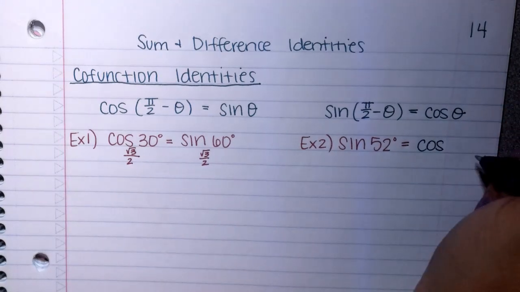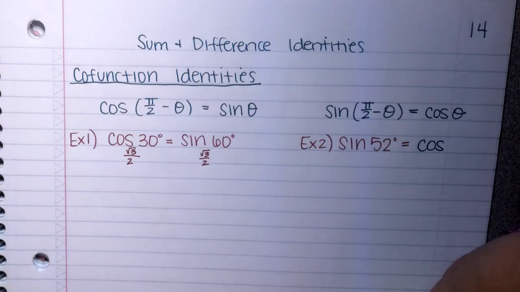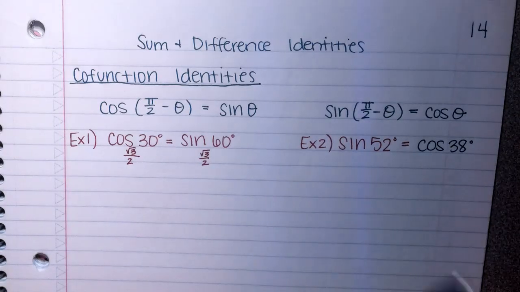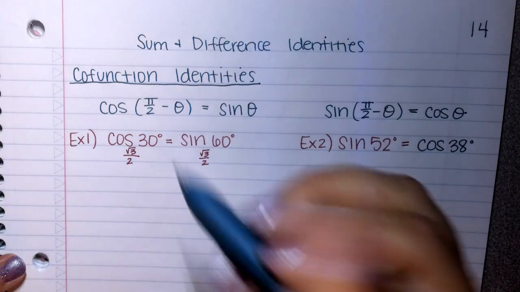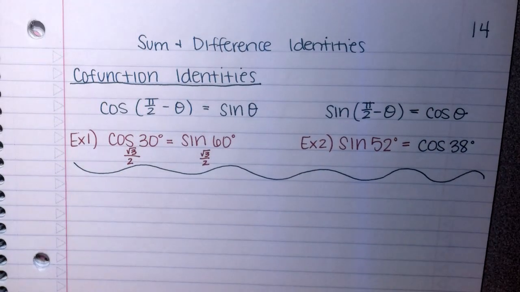The cosine of, not 48, 38. Why the cosine of 38 degrees? Because it needs to add up to 90. Okay? And that's what this means. Does that make sense? That's all you need to know about cofunctions.